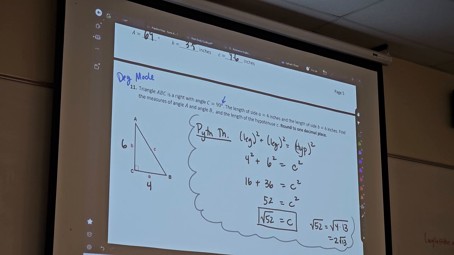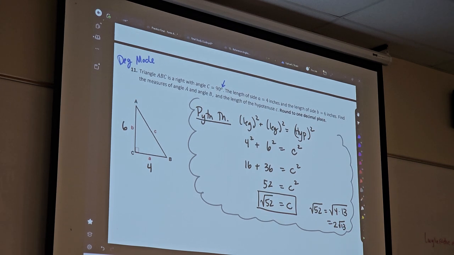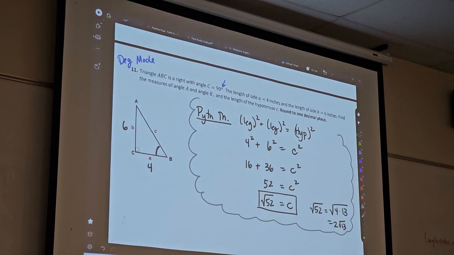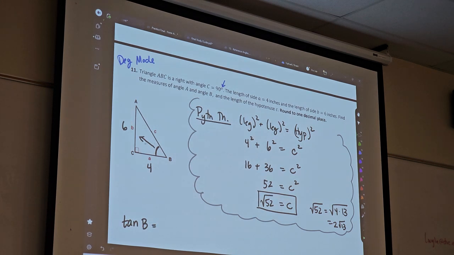Now the next one, to go after the angles, you got to write a trig sentence, and I recommend not using the hypotenuse because we found it. So tangent of angle B: opposite angle B is 6, adjacent to angle B is 4.